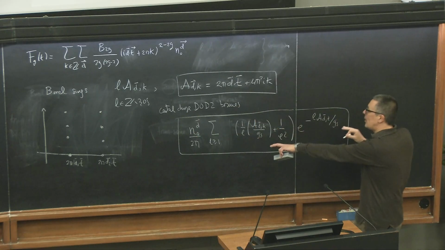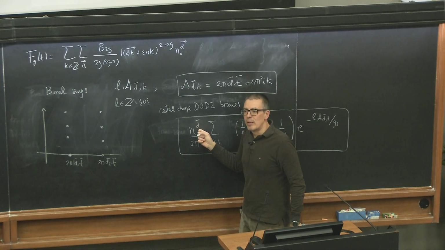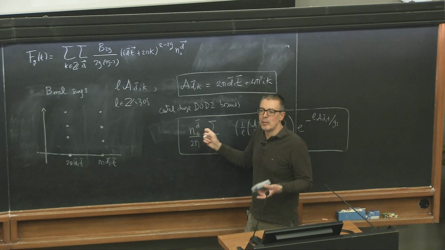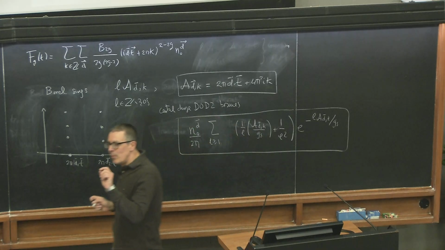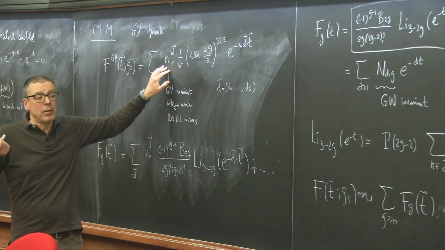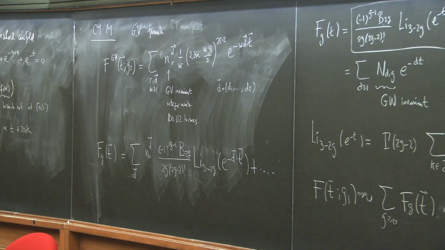So you see, it's the thing that we had before, but now the Gopakumar-Vafa invariant appears as an overall factor in this instanton amplitude. So you see, the Gopakumar-Vafa invariants appear in the perturbative free energies themselves, but they also appear in the instanton corrections to the perturbative free energies.